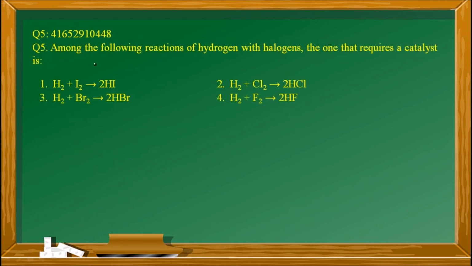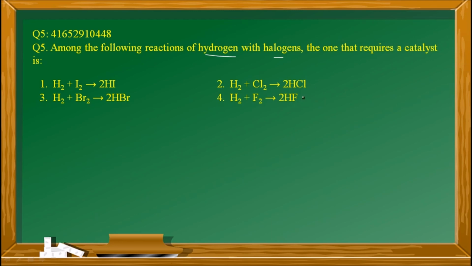Next, question number 5. Among the following reactions of hydrogen with halogens, the one that requires a catalyst is... Usually hydrogen plus any halogen, if you mix it, simply forms a hydrohalic acid. So what options have they given? Hydrogen plus iodine, HI, hydroiodic acid; HBr, hydrobromic acid; HCl, hydrochloric acid; HF.